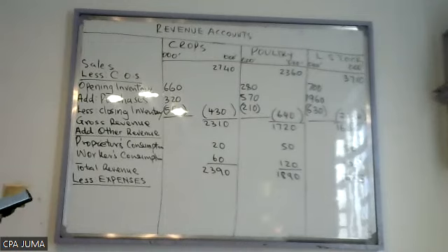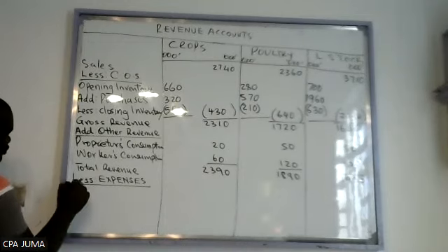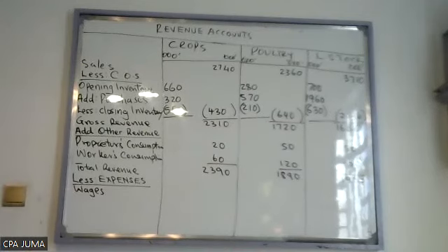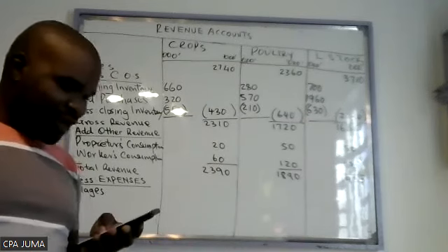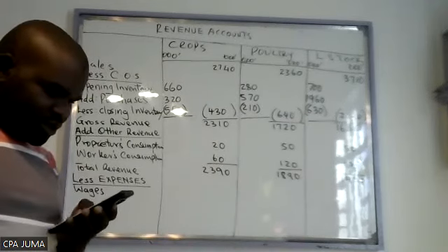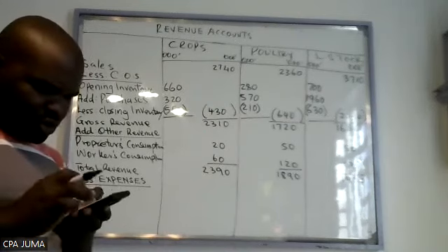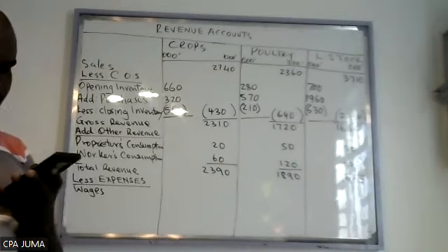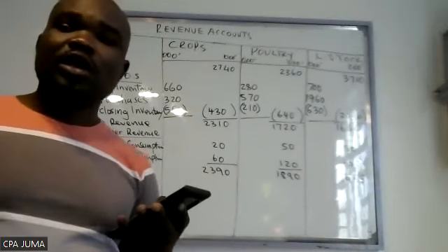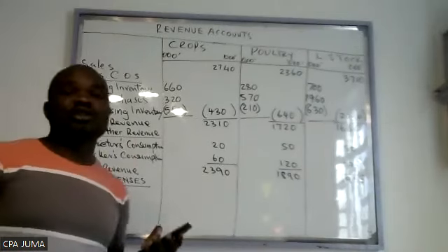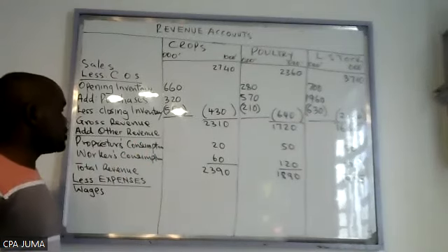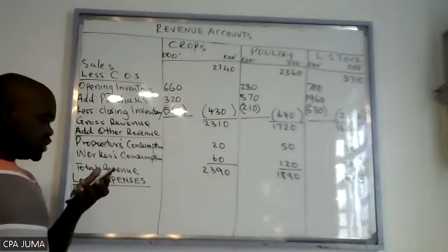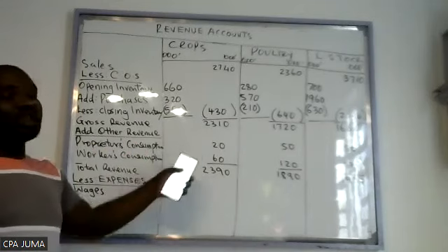All right, so expenses. You can see wages. So here for wages, students go wrong. For crops, crop wages, how much? I think it is 720. Yes, it is 720. But you know, there are some things they consumed. There was this consumption here. Now some students will take the 720, then they subtract the consumption.